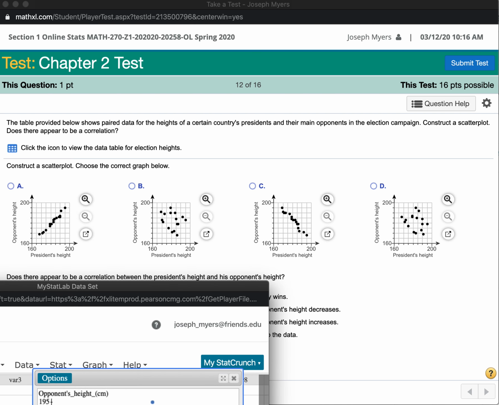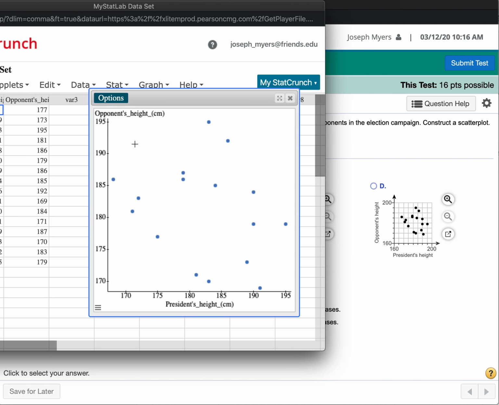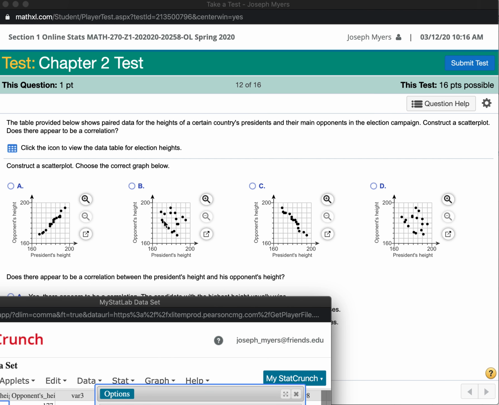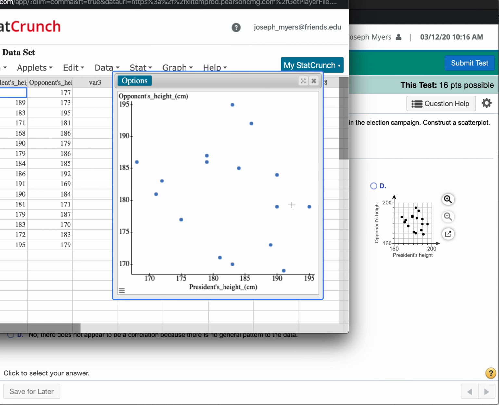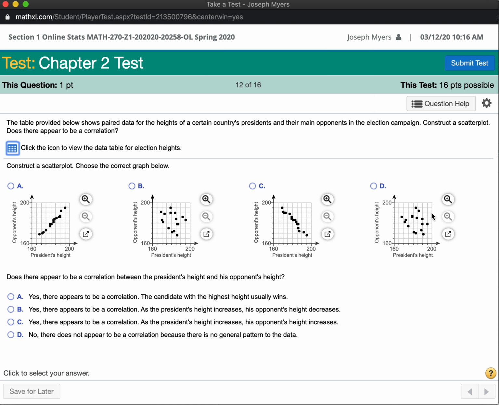Do you see how there are 3 points near the end, boom, boom, boom, like that? And those same 3 points right here, there they are. Now let's see if those points are on this one. No, on B, which is the only other possibility, they're not those 3 points exactly like that. So D is the only graph that shows the same thing as the actual scatter plot. So D is the only right answer.